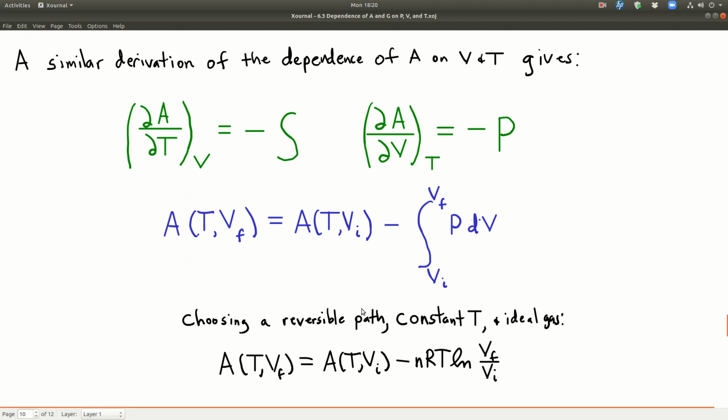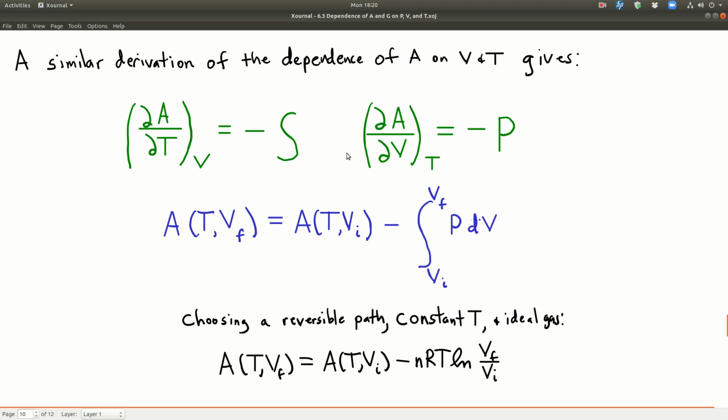If we choose a reversible path, constant temperature and ideal gas, the Helmholtz energy at some volume is equal to the Helmholtz energy at the same temperature and initial volume minus nRT ln of V final over V initial. Again, ideal gas.